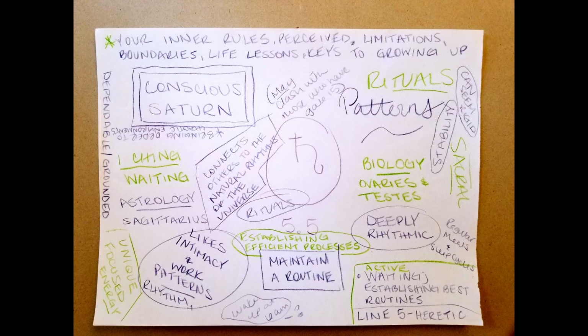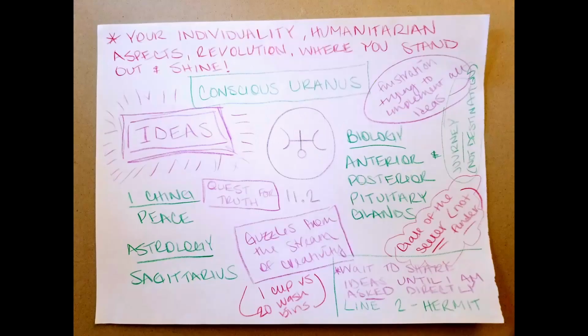For me, that's gate 5.5, which is the gate of patterns and rituals. The keys to growing up are recognizing my own patterns, learning to improve those patterns, and then teaching others how to do that. And that's also what I do.